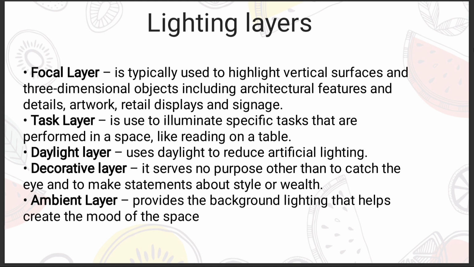Daylight layer uses daylight to reduce artificial lighting. Decorative layer serves no purpose other than to catch the eye and to make statements about style or wealth. Ambient layer provides the background lighting that helps create the mood of the space.